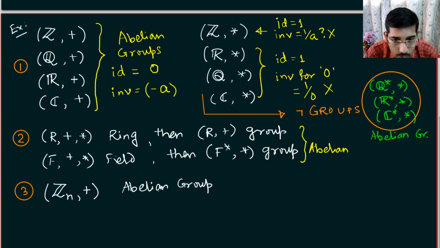And just for curiosity, I give you a part of an exercise: you will also find that if you take the non-zero set of equivalence classes modulo a prime with respect to multiplication, this also forms an abelian group.